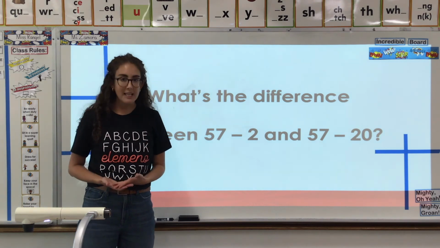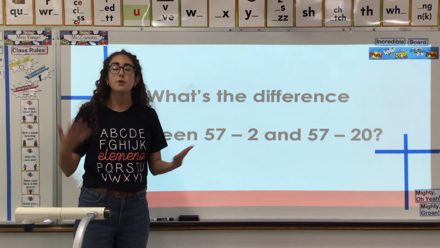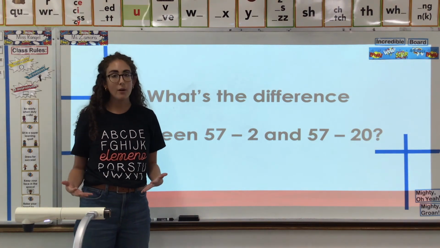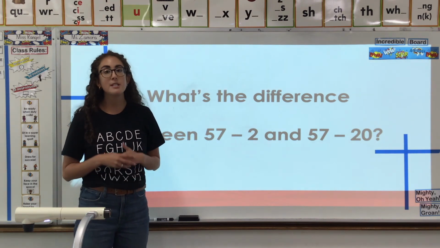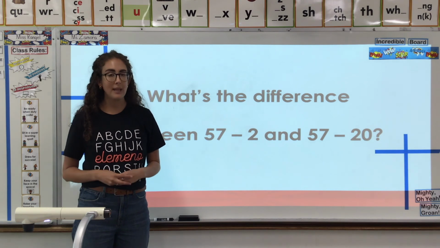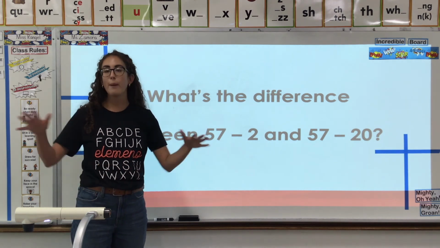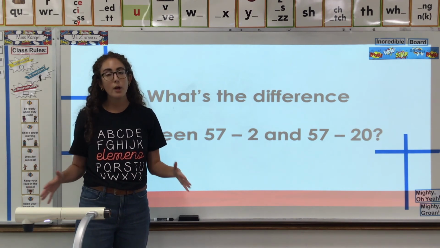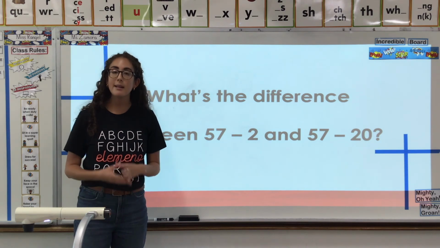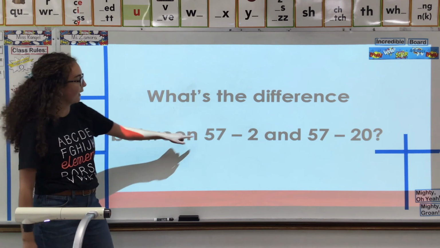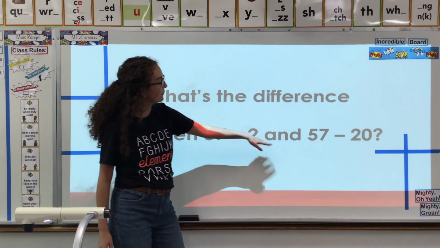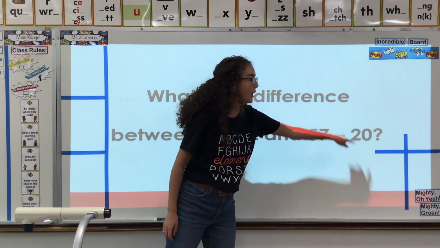At first glance, they might look pretty similar, but as we just learned, they're not. You can use your place value chart to help you. You can use your hide zero cards. You can use a whiteboard. You get to pick the material for how you explain this answer. But no matter how you choose to show, you need to clearly explain what's the difference between 57 minus 2 and 57 minus 20.